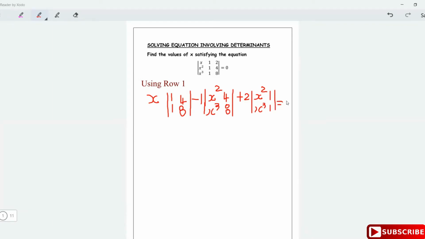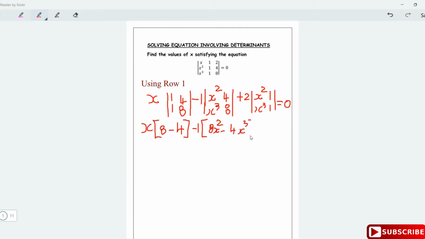To solve something like this, it's going to work out to be x times the determinant of this 2 by 2, which is AD minus BC, so 8 minus 4. Then minus 1 times, in this bracket, 8 times x squared, which is 8x squared, minus 4x cubed.